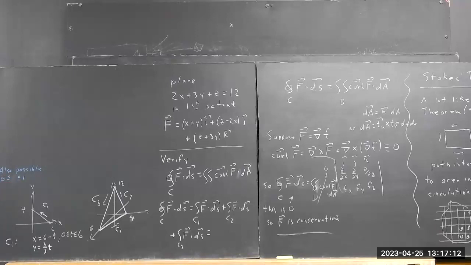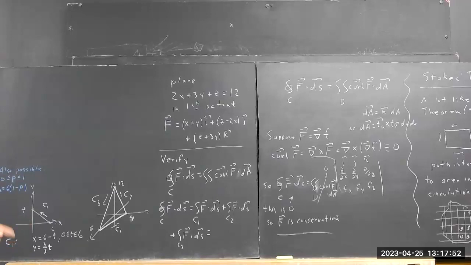I don't have a good letter to use, so I'm just going to use p. X is going to be 6 times 1 minus p. But my parameter is going to go from 0 to 1, which makes things kind of easy. It makes this a little more involved, but it's not difficult to see.